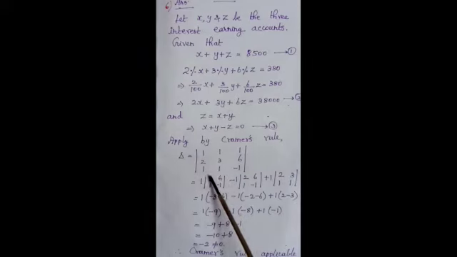So 1 into (3 into minus 1 minus 6), which becomes minus 9, minus 1 into (minus 2 minus 6), plus 1 into (2 minus 3). Simplifying, we get minus 2, which is not equal to 0. So Cramer's rule is applicable.